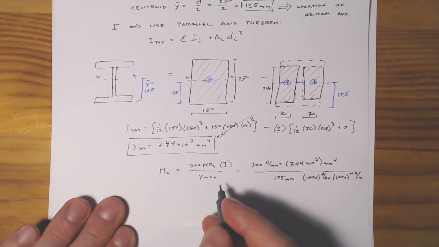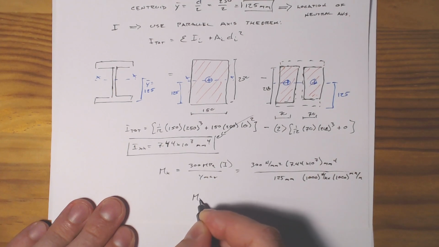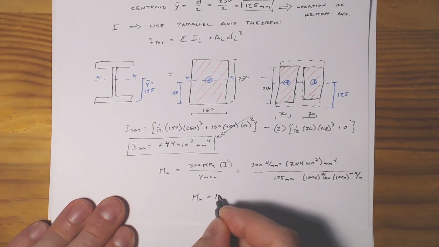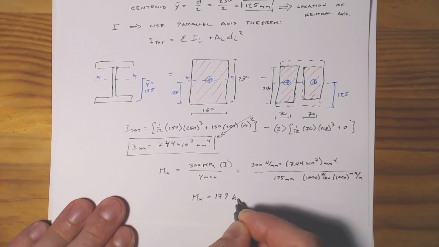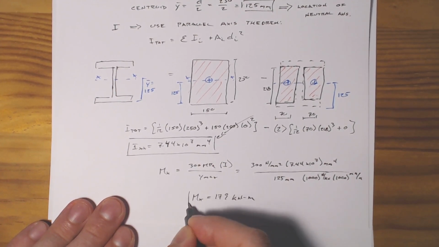And if we run through all of that, we get that Mx equals 179 kilonewton meters.